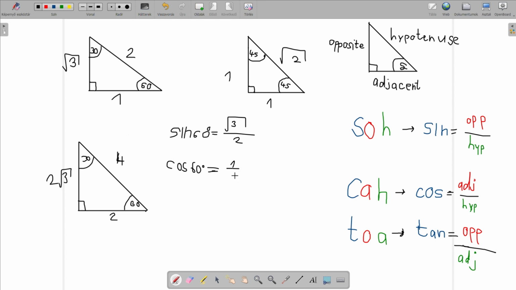So that is going to be 1 over 2 or 1/2, and the tangent of 60 degrees is going to be equal to the opposite over the adjacent side, meaning if we have 60 degrees right here, we have the opposite, which is the square root of 3, and then that is divided by 1, because to this 60 degrees the square root of 3 is opposite, that comes in the numerator, and 1 is adjacent, and that comes to the denominator.